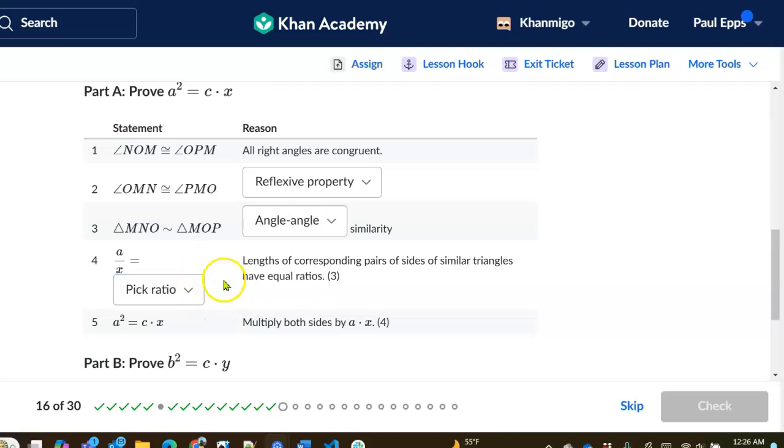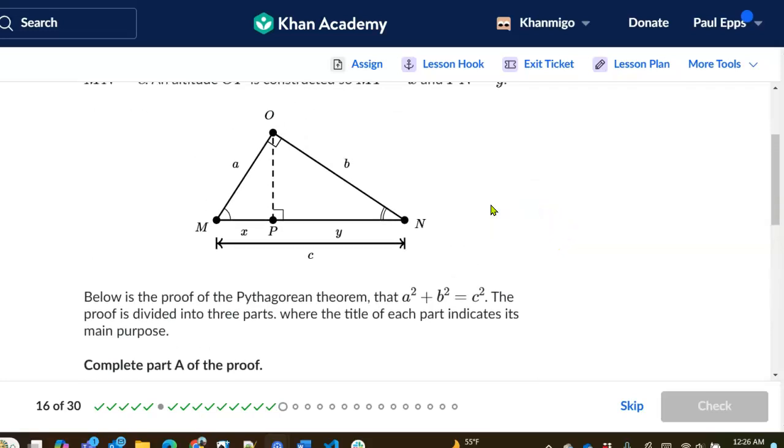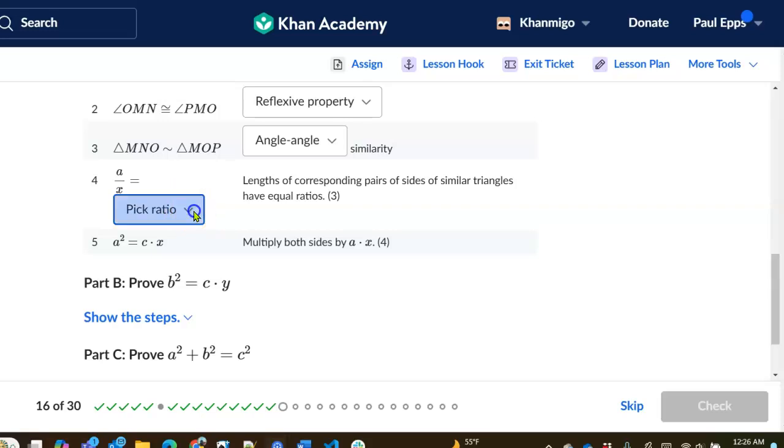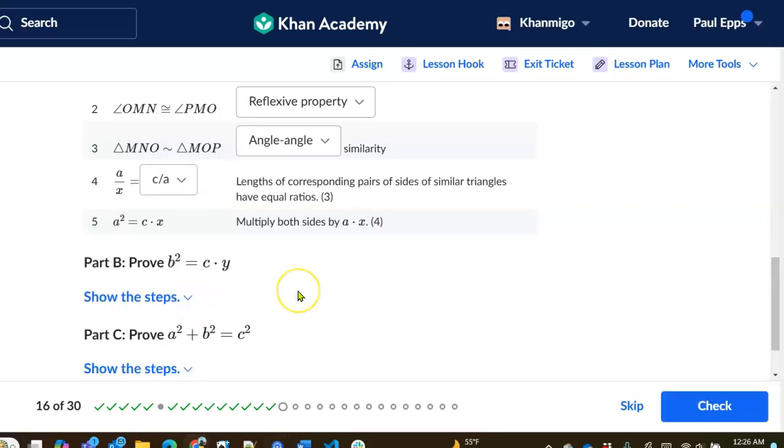A over X equals, all right, so now we have similar triangles. So A over X, so that's the MOP. We got the hypotenuse, and then the shorter leg would be the same as the hypotenuse, which is C of the larger triangle, C over the shorter leg, which is A, over X is C over A. All right.